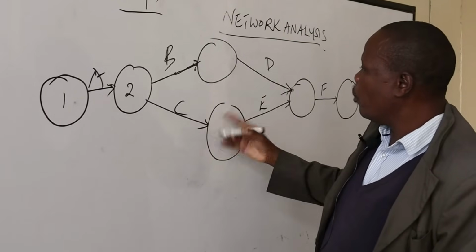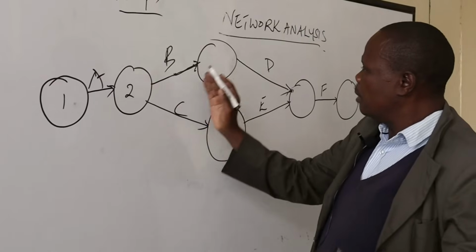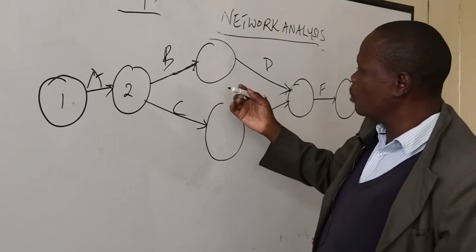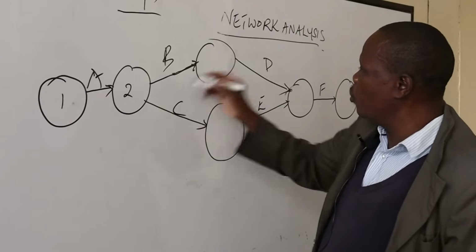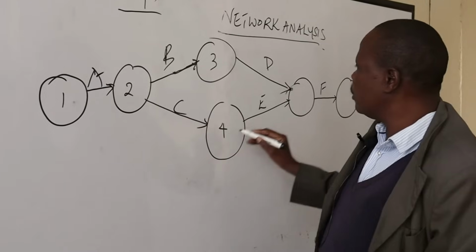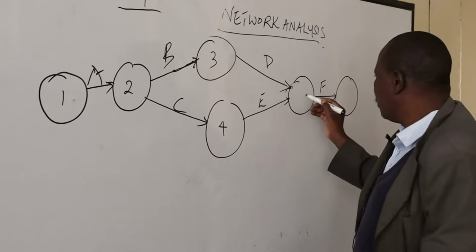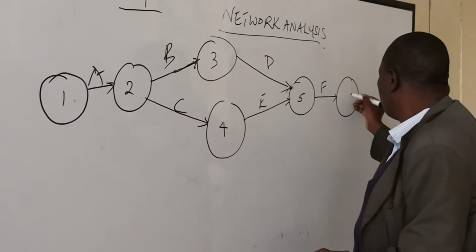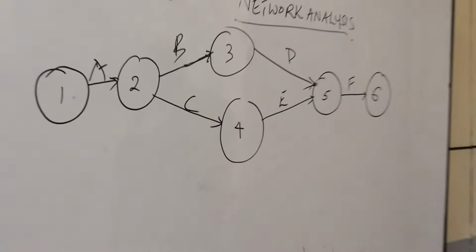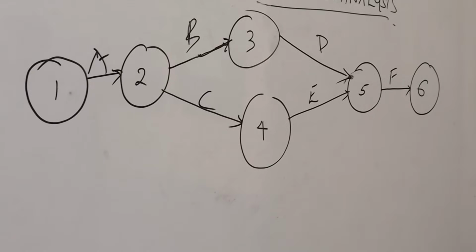But since this one occurs earlier, we have that basic rule of writing 2, then this is 3, then 4. After 4, this is 5, and this is 6. So that is when the network is complete.